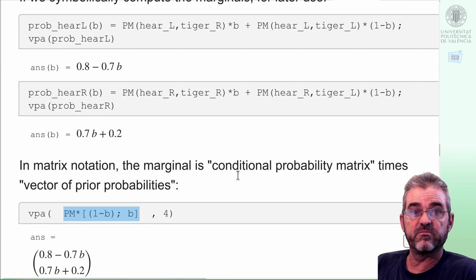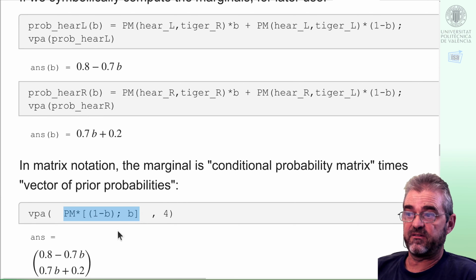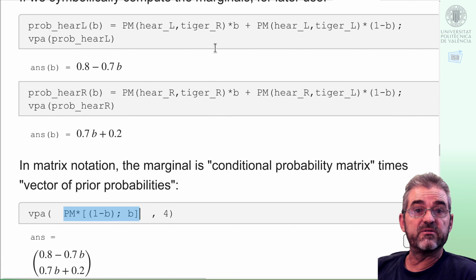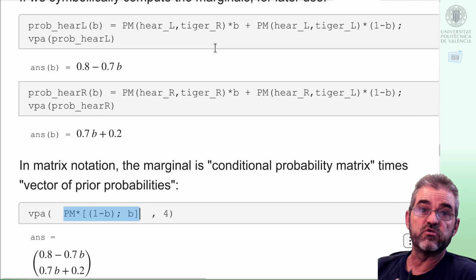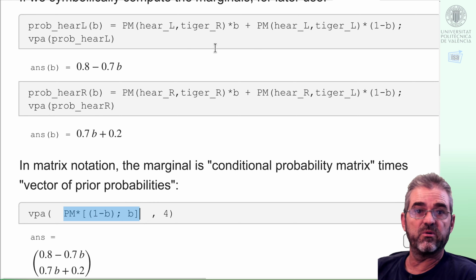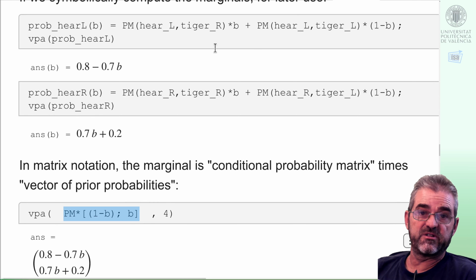Then the matrix product formula, if expanded, gives me the exact same summations we had above. So we can compute the marginals in just one line of MATLAB code. This is elegant and maybe useful if I had a lot more possible observations or tiger location states.